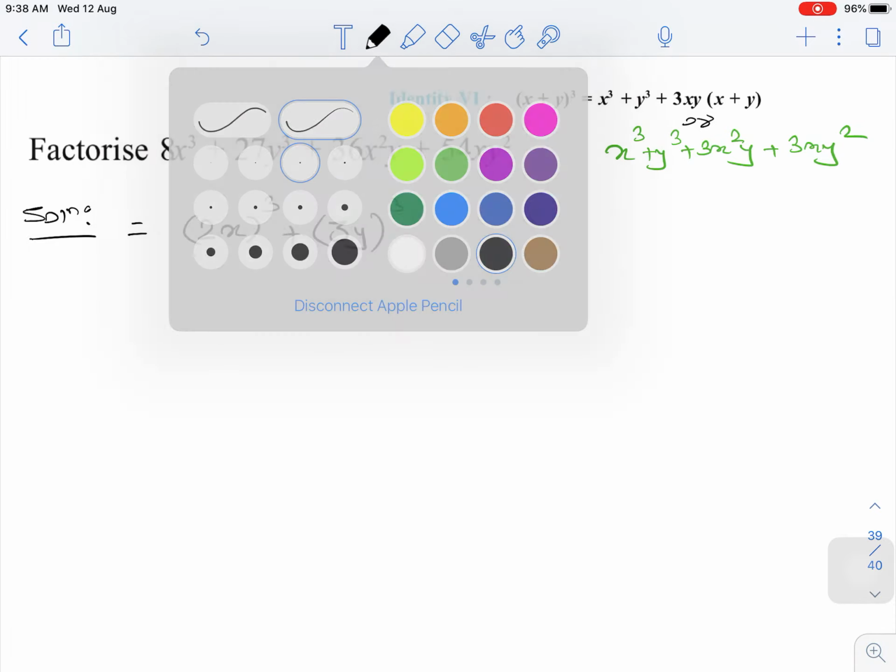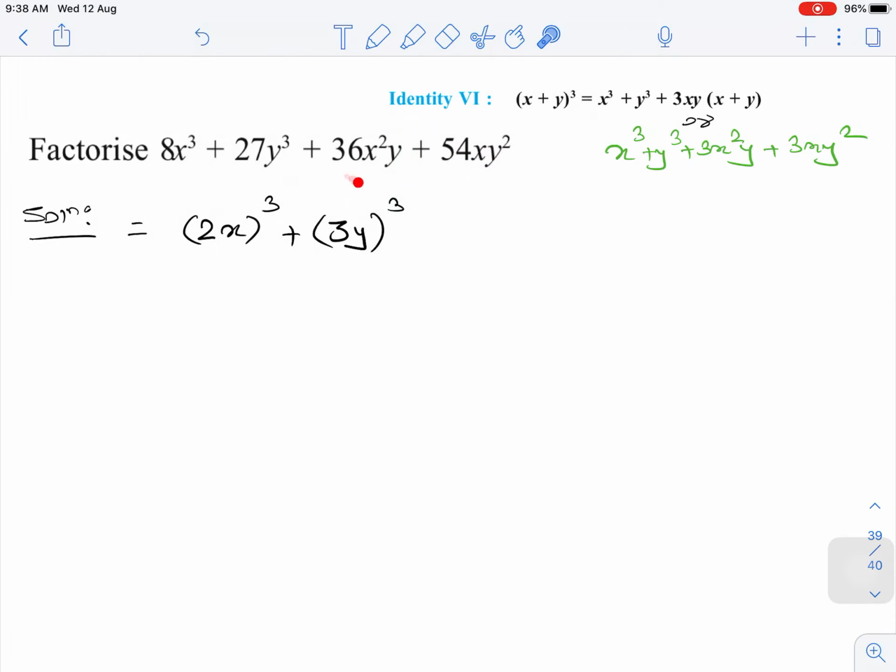Okay, so now we have to convert this 36x square y in terms of this one. So how to write it? So now plus 3 into, now what is our first term? 2x into 3y. Now check whether after multiplying this one, are we getting 36x square y?